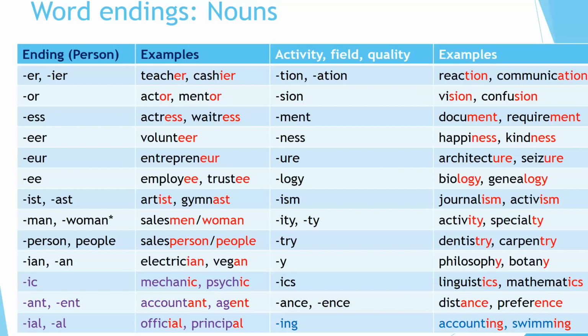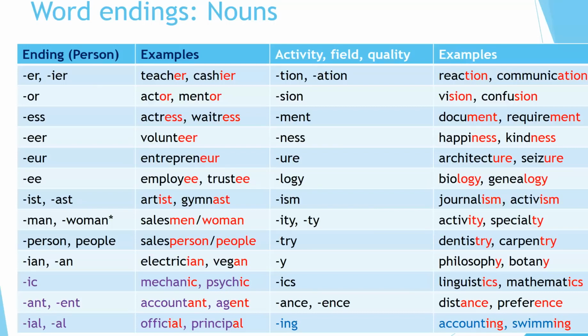ISM, journalism, activism. ITY or TY, activity, specialty. TRY, dentistry, carpentry. Y, philosophy, botany. ICS, linguistics, mathematics. ANCE, ENCE, distance, preference.